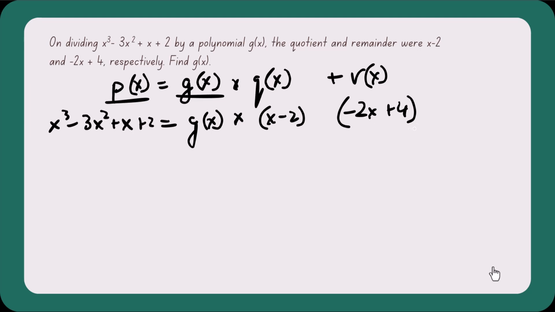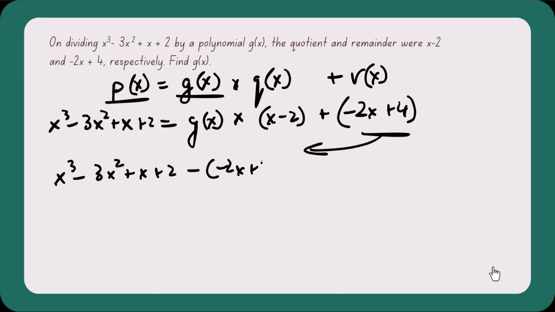So we'll take this part and move it to the left hand side. So what do we have? We have x cube minus 3x square plus x plus 2 minus 2x plus 4, right? That is equal to g of x into q of x, which is x minus 2, correct? Now when you open the bracket, it will become plus here, right?